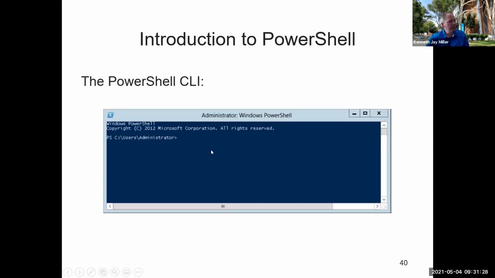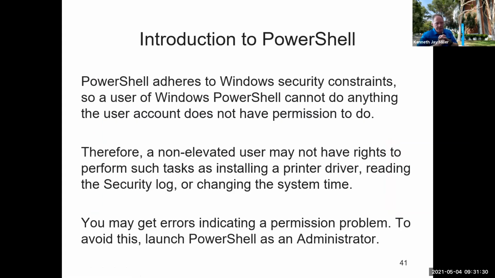Now, PowerShell does adhere to the Windows security constraints. So a user of Windows PowerShell can't do anything that they don't have permission to do. Just because they open PowerShell doesn't make them an administrator, right?